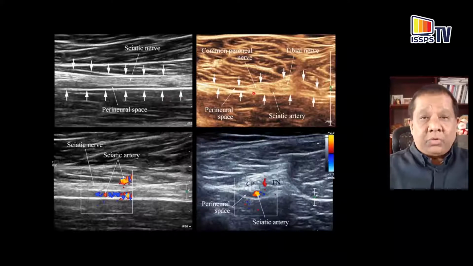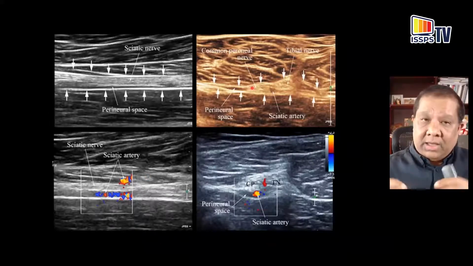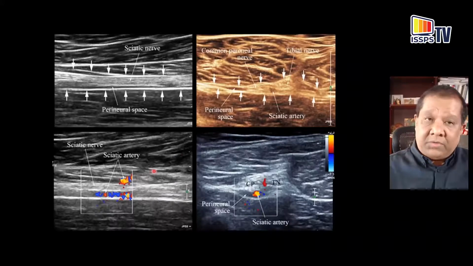But I would like you to note that the morphology of the sciatic nerve changes significantly. While it is a very flat nerve in the upper parts of the gluteal region and the upper parts of the thigh, it takes on a more rounded appearance and a more bilobular appearance, if that's the right word, as you approach the popliteal area. Again, remember, this is actually two nerves that are indeed apposed together by connective tissue layers.